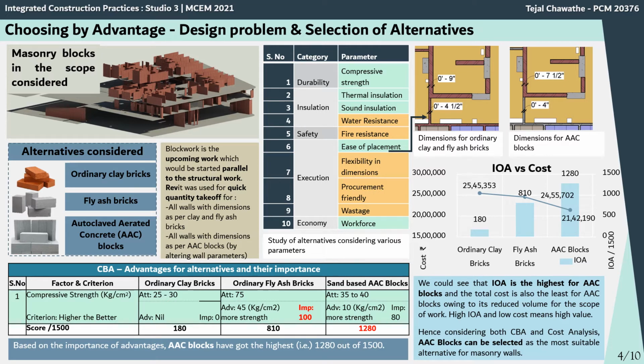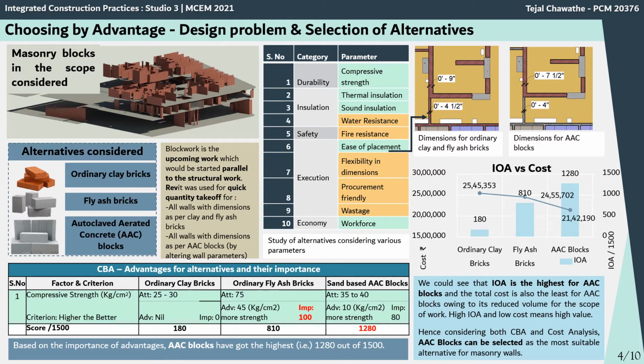And after this study, using the CBA tool, different factors and criteria, as mentioned, were compared, and it was found that AAC blocks got the highest score among the three. And then this importance of advantage was weighed against the cost parameter, and it was found that the total cost is least for AAC blocks owing to its reduced volume for the scope of work.